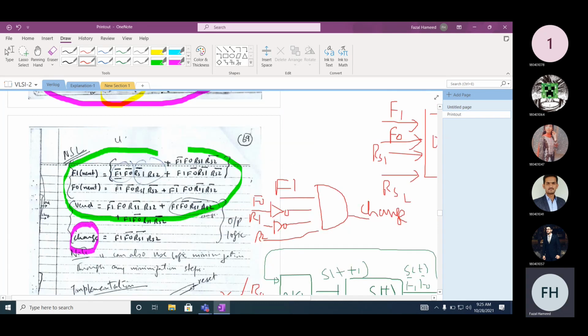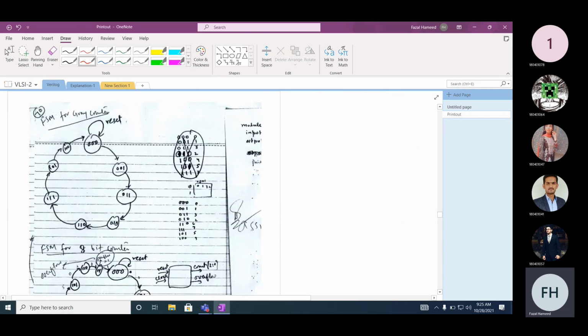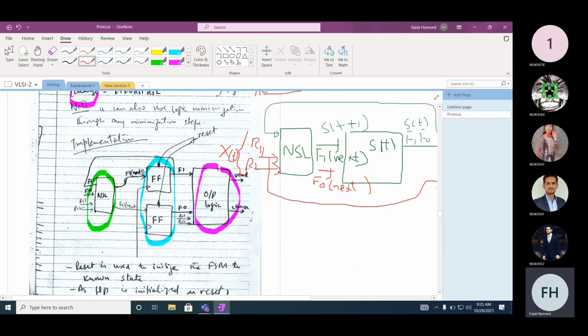For F1 next, we need an OR gate and some 3 AND gates and some inverters. If R1 bar is used multiple times, you can directly use this signal, so you don't need 3 inverters. You just need to use R1 bar. Got my point? So you can also minimize the hardware. This is the way that we design the complete hardware. And this is your homework: build a complete gate level description of all this. Okay, any question?